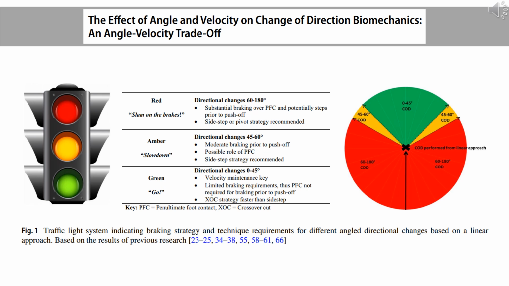So this visual outlines that as our change of direction angle increases, we need to apply much greater braking forces and braking strategies prior to the actual directional change, and that's signified by the red, amber and green system. So a really, really nice, practically applied, meaningful figure for how coaches can consider coaching their athletes depending on the angle that's being worked on in training.